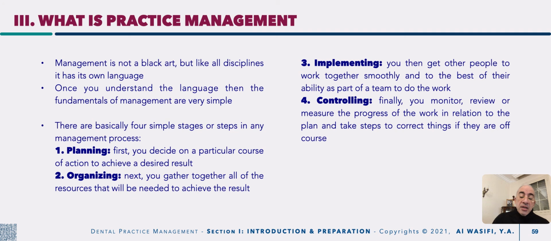Okay? Your controlling phase is just to put everything in its right place and correct errors immediately. Otherwise, you will not achieve your goals and you will waste your time, effort, and money.